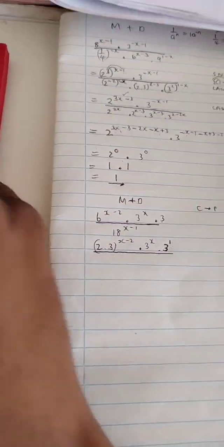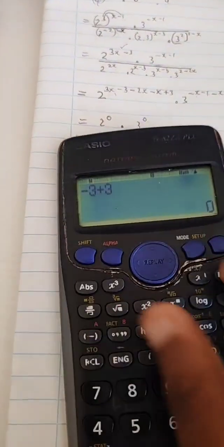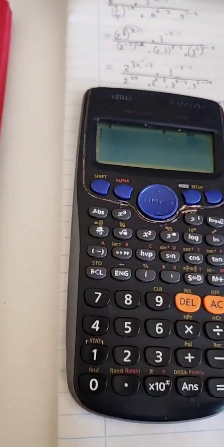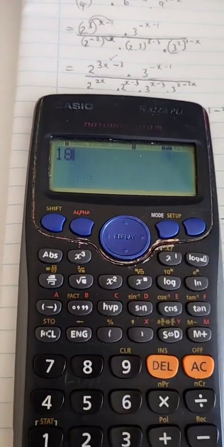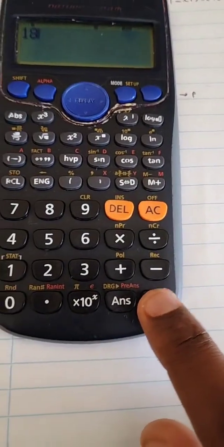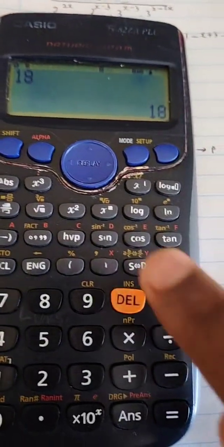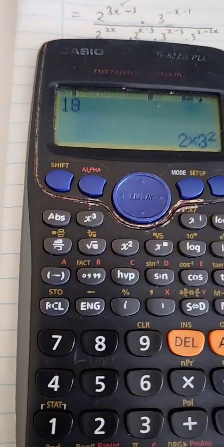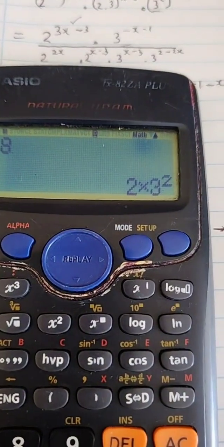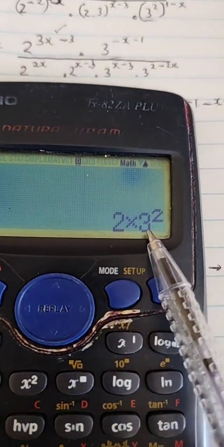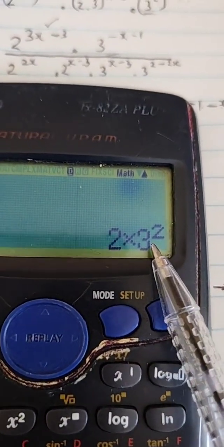18. Well, maybe my head is not working quite well. So what I do is I take my calculator. I say 18, because 18 is a composite number. I press equal. I then press shift, and then I press fact. There we have it. It even provides the exponential form.